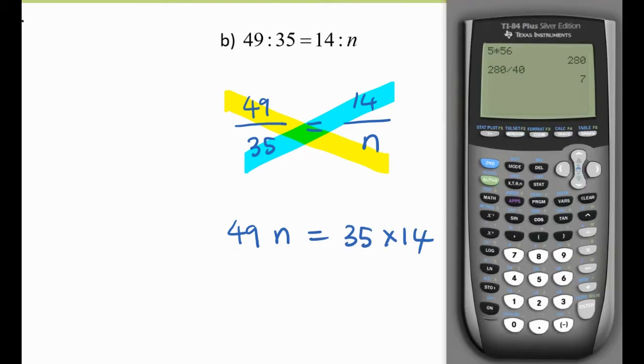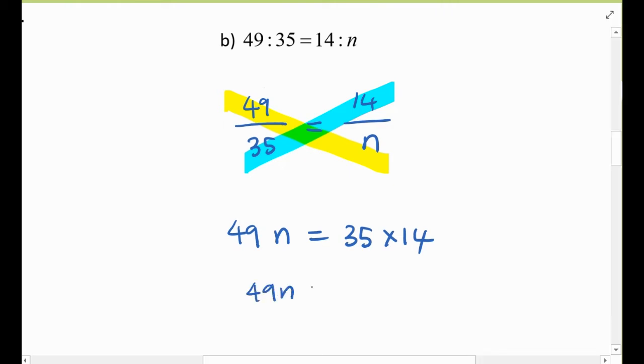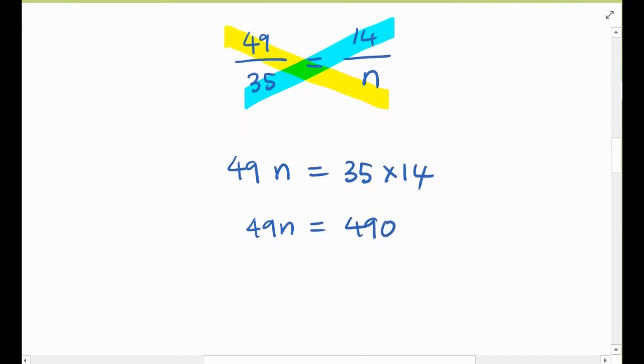And use your calculator. 35 times 14 is 490. 49n is 490. You divide both sides by 49 to find n. Then n is 490 divided by 49, which is 10. All right.